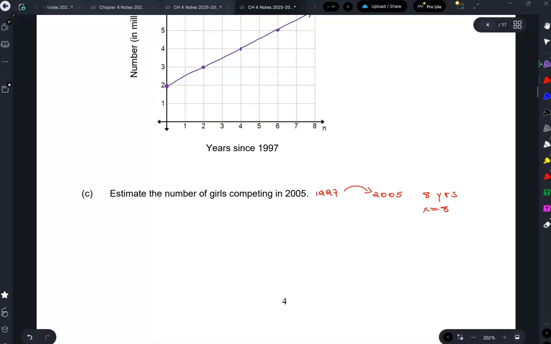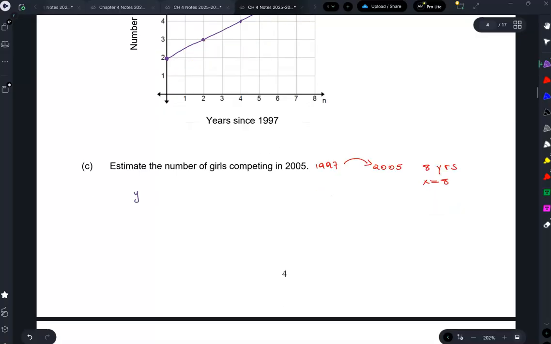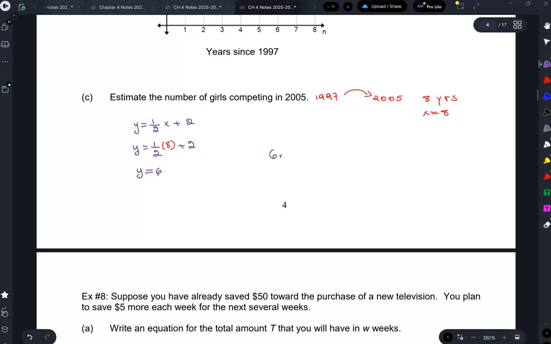So this is going to be y equals, remember it was half x plus 2? What's x now? 8. So half of 8 is 4 plus 2, 6. So does that mean there are 6 girls competing in 2005? 6 million. Good.